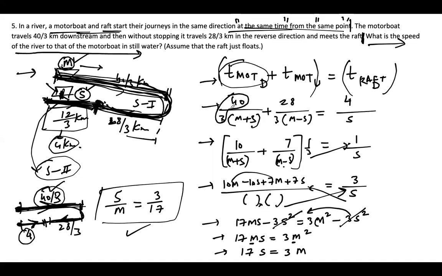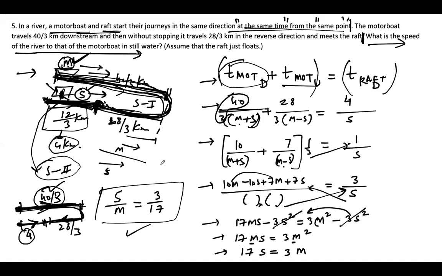So time is distance upon speed. Since it is traveling downstream, it is m plus s, where speed of the motorboat is m and speed of the stream is s.